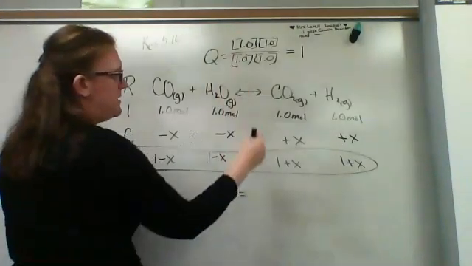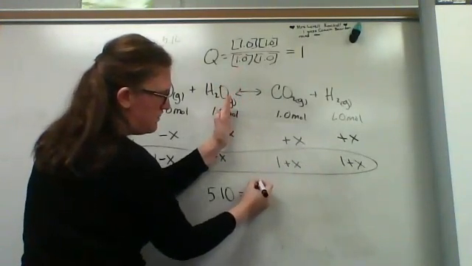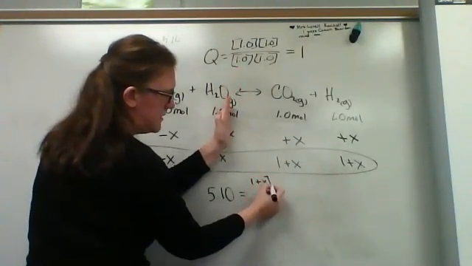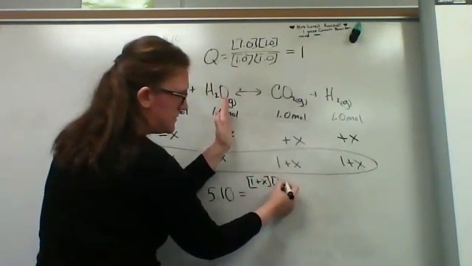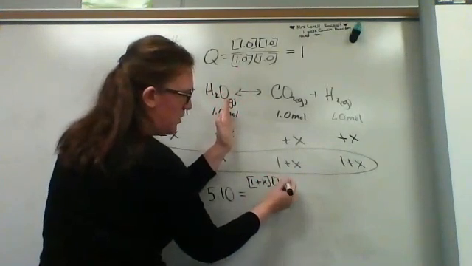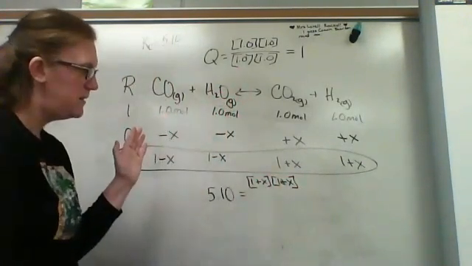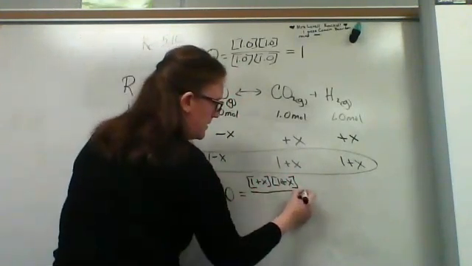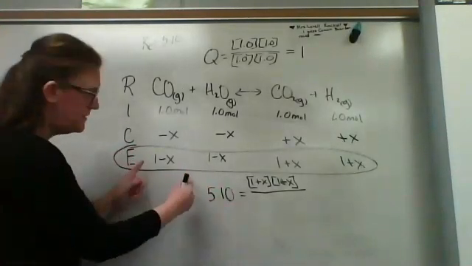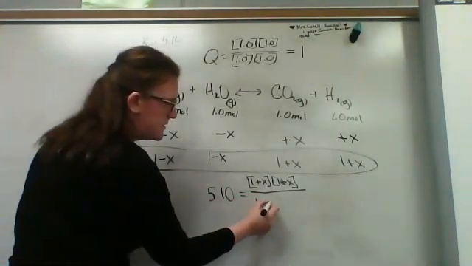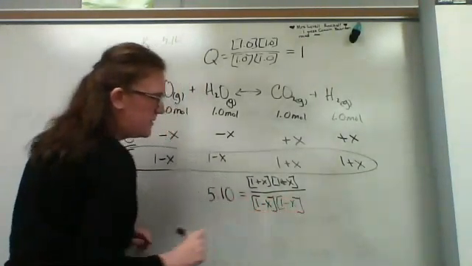So here's my products: 1 plus X times 1 plus X, divided by the reactants: 1 minus X times 1 minus X.